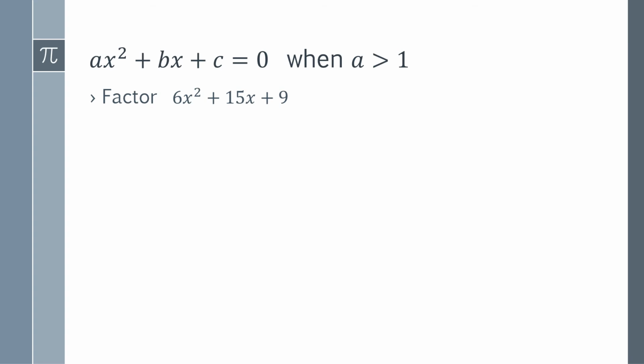Uh-oh, we got the same situation here. The only difference is we're going to have to figure out how to factor this. Now, look at those numbers: 6, 15, and 9. There's something going on there.